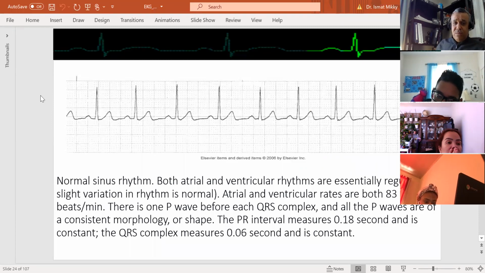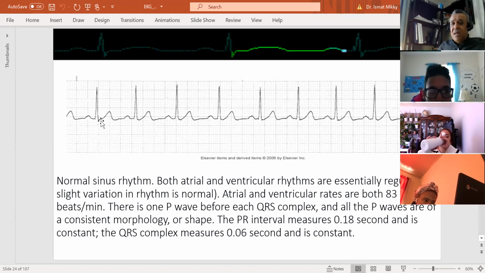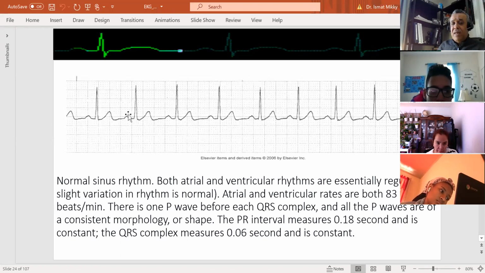So, normal sinus rhythm. This is what we have discussed over the last hour. The whole lecture was going over the normal sinus rhythm. We analyzed that we have a P wave, nicely deflected, with a nice contour above the x-axis, followed by a QRS and a T wave, and then P, QRS, T wave, P, QRS, T wave.